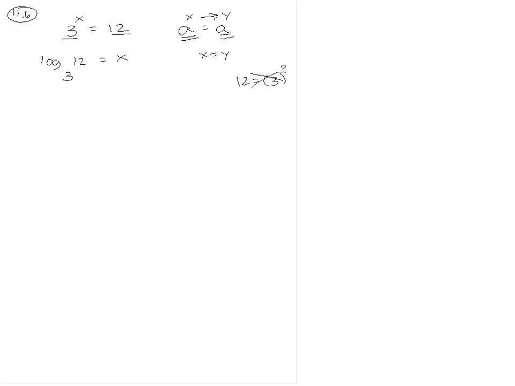Yes, we did that in 11.5. This becomes log 12 over log 3, which, remember, is base 10, and you can do it on your calculator. When you do that, it comes out to be some decimal number, but you get x equals a number.